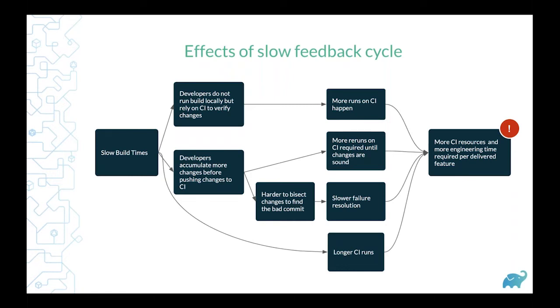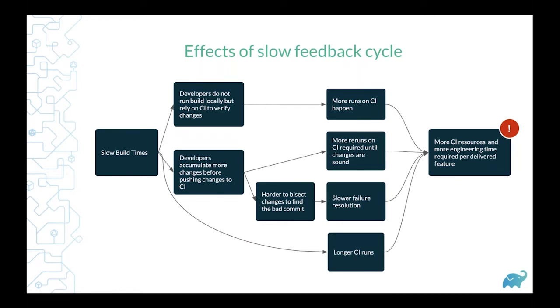But there's another maybe hidden cost, and that is developers start to accumulate more changes as well, because even with CI, there's a wait time involved. So they want to accumulate as many changes so they don't have to wait for that feedback all the time. But that again makes it more likely that something goes wrong, because statistically, you make more changes, more likely something fails. And if that's the case, then it will also become harder to bisect the changes, because you have more changes that you committed, right?